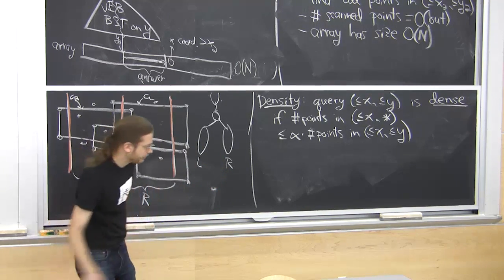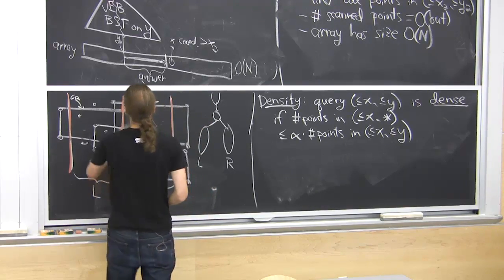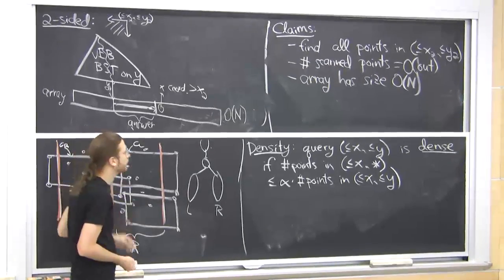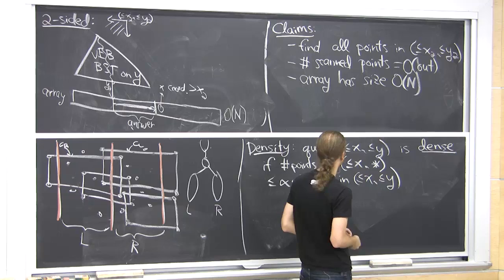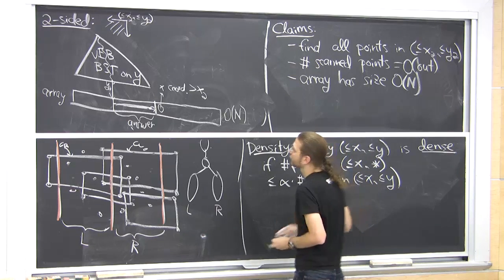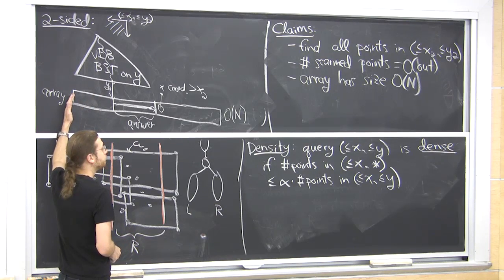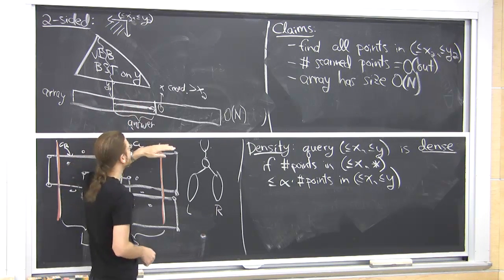This would be good for us because, ultimately, what we're trying to do here is do a scan in X. Then for this particular y coordinate, we could just basically start at the beginning of the array, start scanning, and just report all the points that are actually in our range.